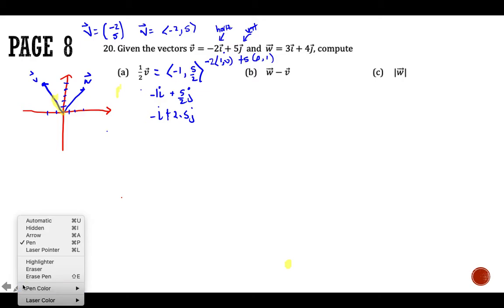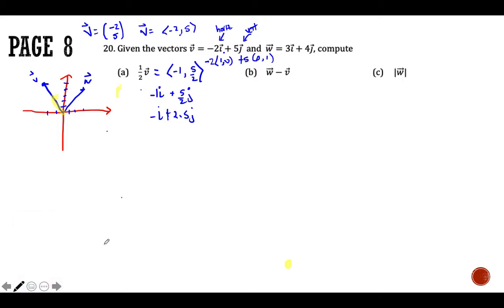Now, when you want to subtract two vectors, I want you to think of taking w, which is here, and I'm subtracting v. That means when you think about this graphically, you're taking the vector v, tip to tail, and you are adding the opposite of vector v.